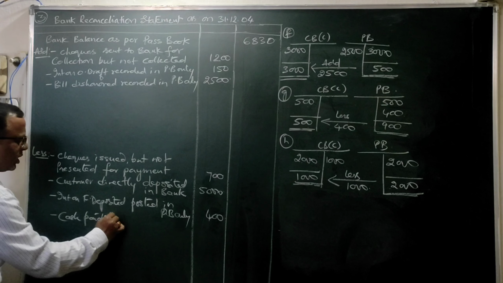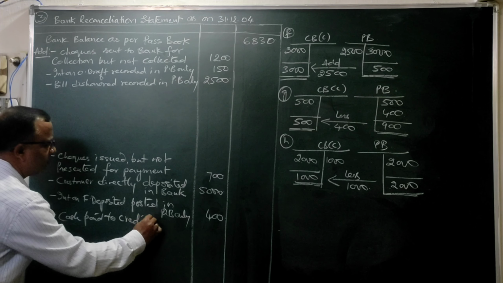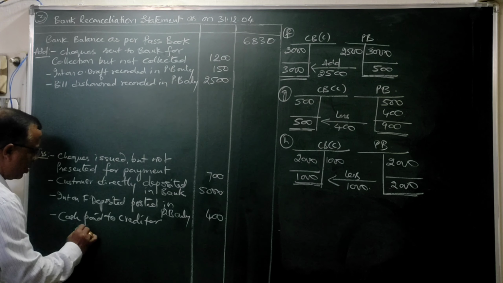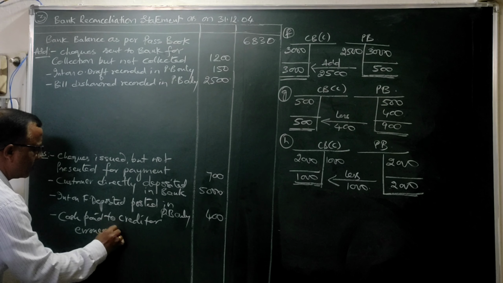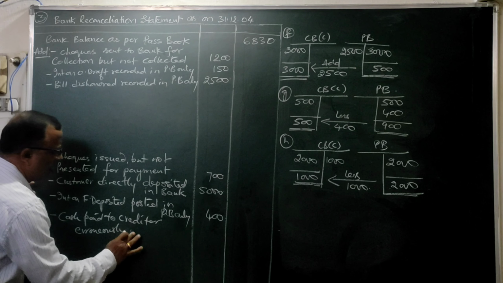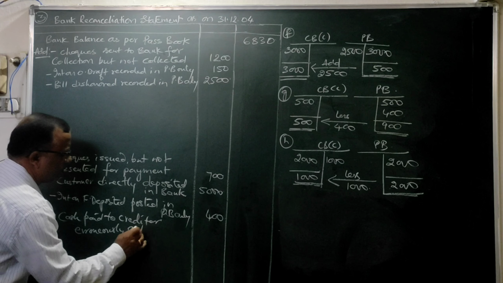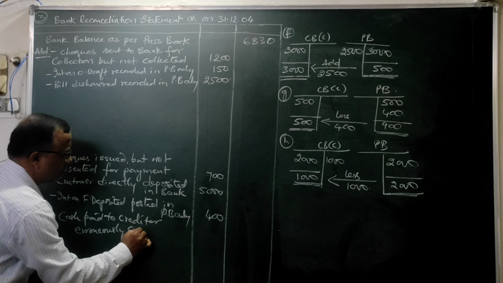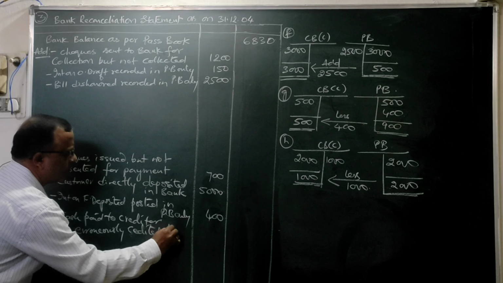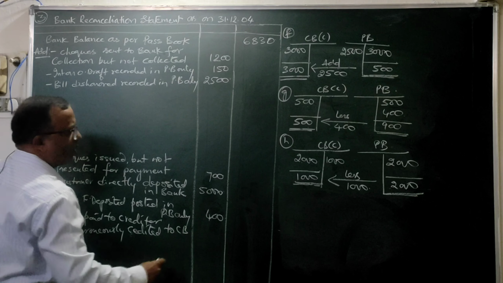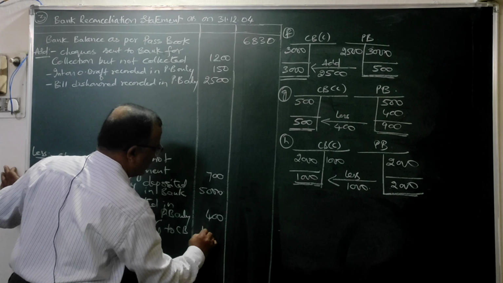Cash paid to creditor erroneously credited to cash book. How much? 1000.